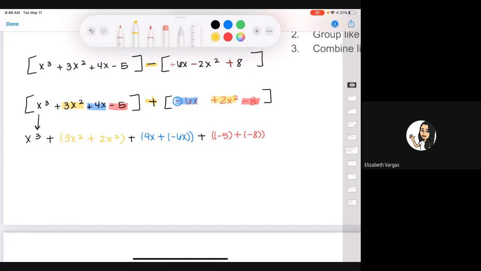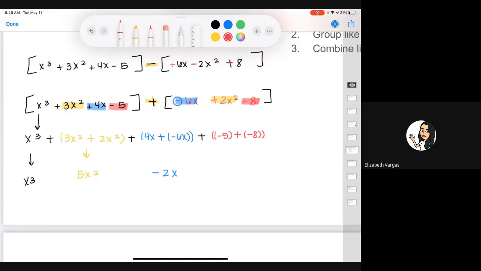And so now I can just add downwards. So x cubed just drops down. 3x squared plus 2x squared is just 5x squared. 4x plus negative 6x is negative 2x.